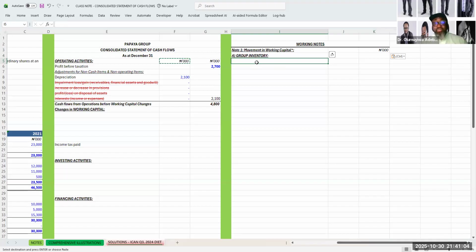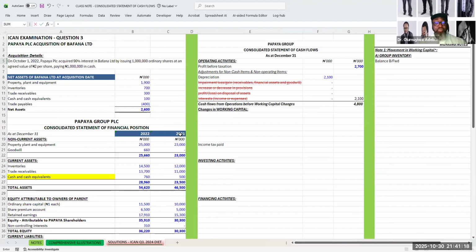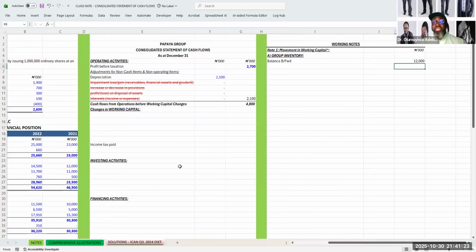We look at what is the balance brought forward. Our balance brought forward for inventory, which is of 2021, was 12 million.